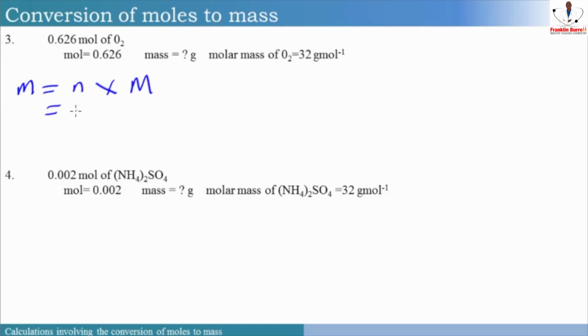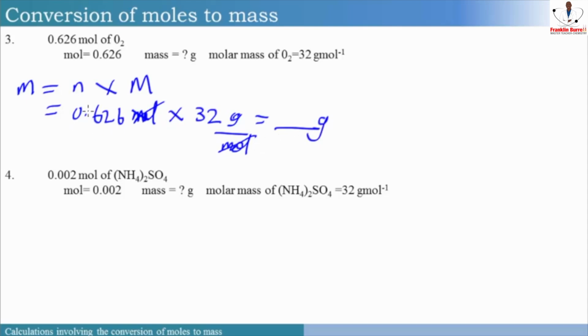And our moles here is 0.626 moles times the molar mass of 32 grams per mole. So mole here would cancel mole. Our answer must be in grams.